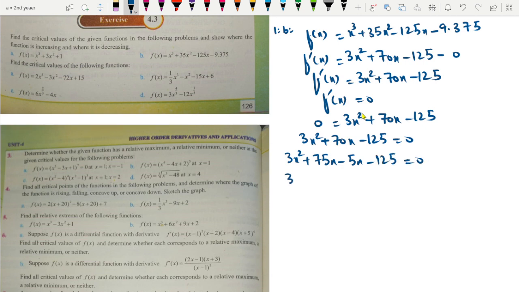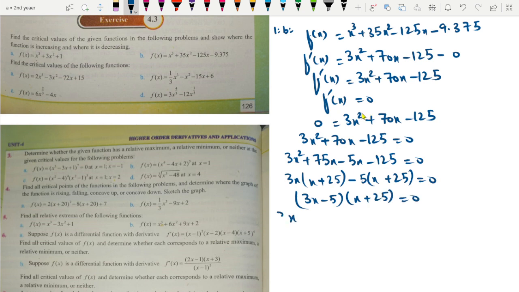So this becomes 3x common, x plus 25, minus 5 common, x plus 25. So this becomes 3x minus 5 and x plus 25 is equal to 0.